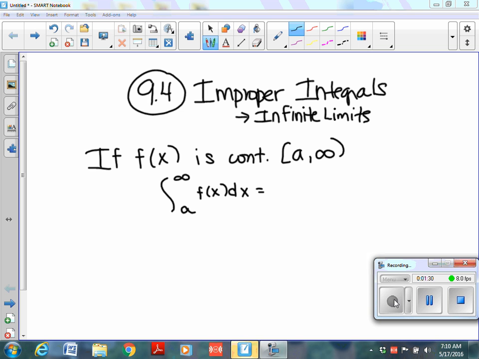For all of these, you're going to find the limit as b approaches infinity of the integral from a to b of f of x dx.